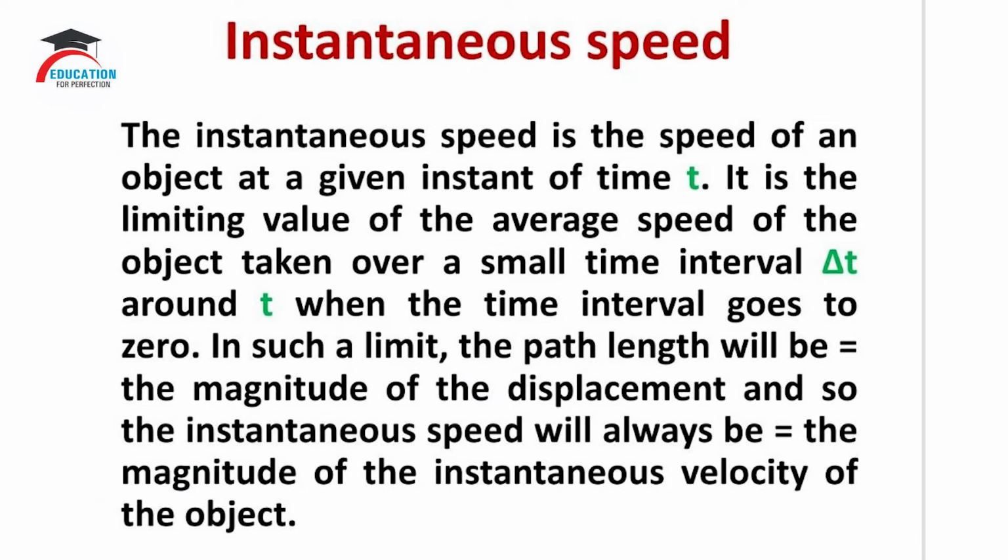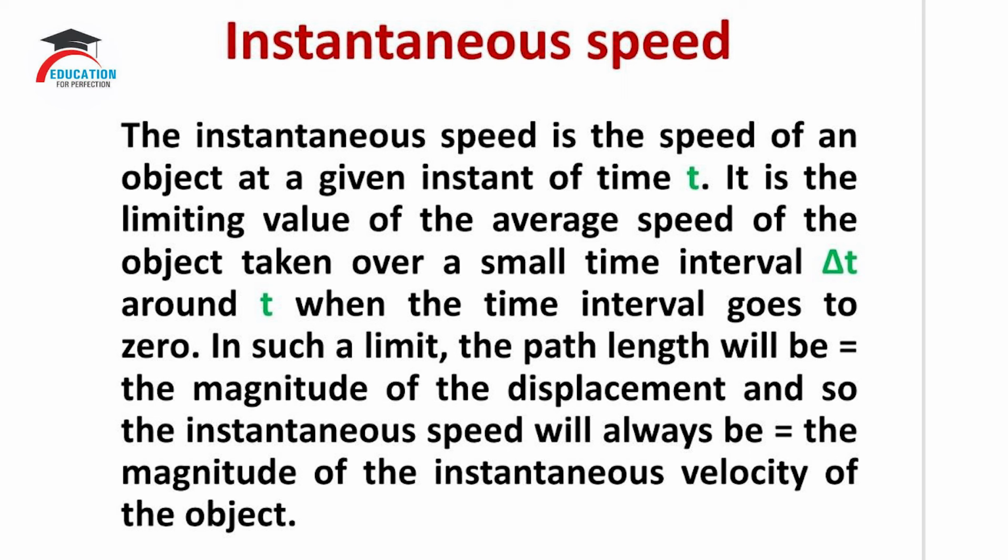So friends, now let us try to understand the next subtopic, that is the instantaneous speed. The instantaneous speed is the speed of an object at a given instant of time t. It is the limiting value of the average speed of the object taken over a small time interval delta t around time t, when the time interval goes to 0.